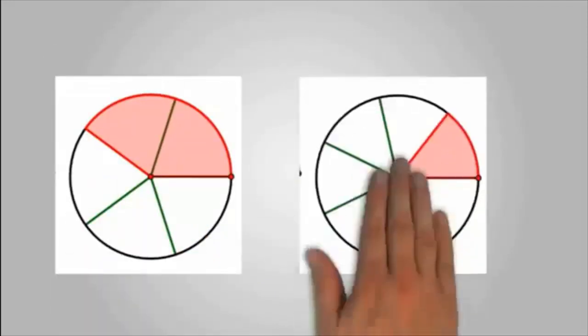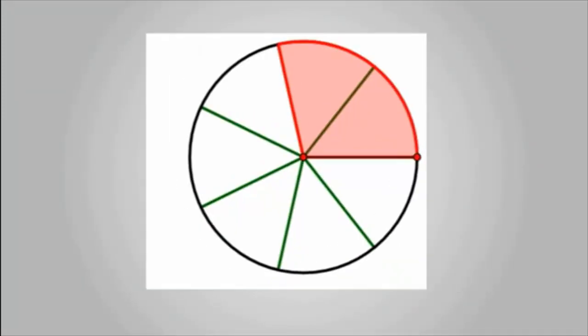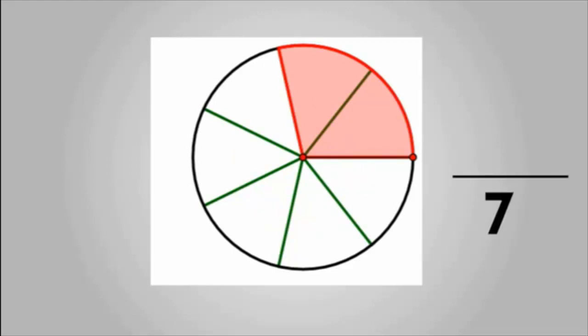Let's look at some circles that are shaded in order to help with fractions. How can we write a fraction for this circle, for the shaded parts? The circle has been divided into 7 pieces, so that would be our denominator. We have 2 of those pieces shaded, so that would be our top number, also called the numerator.